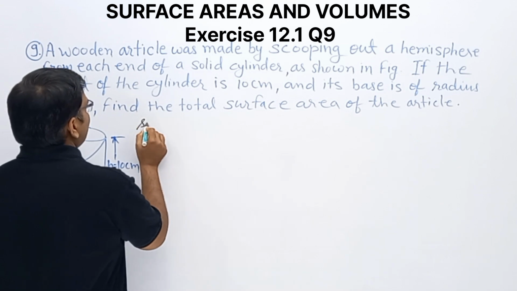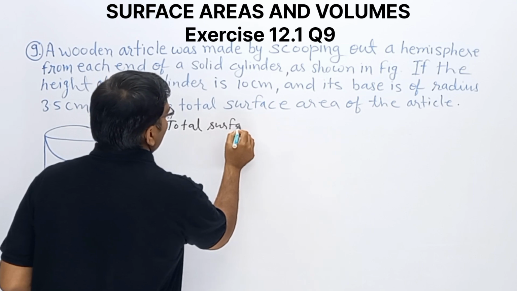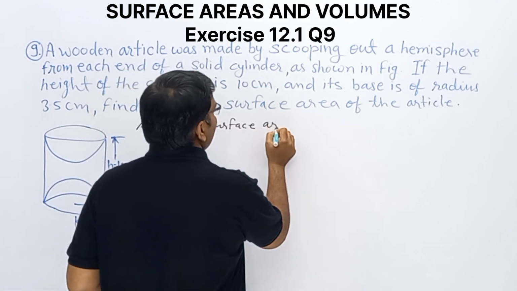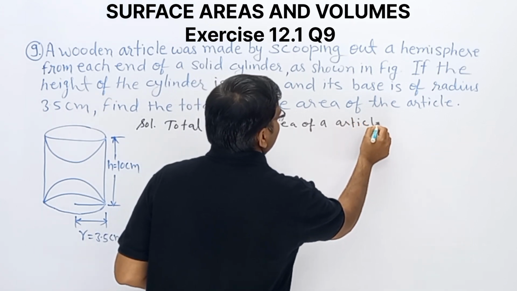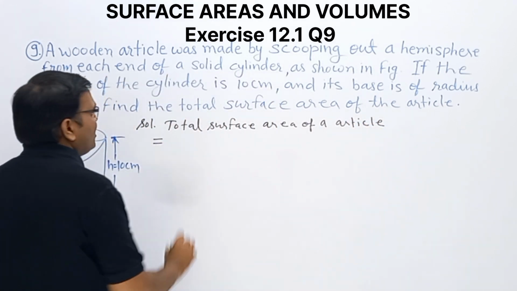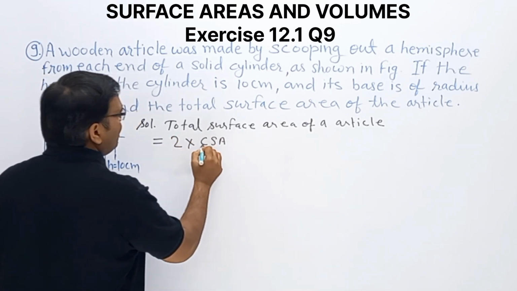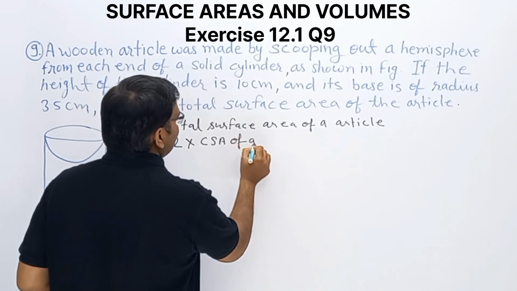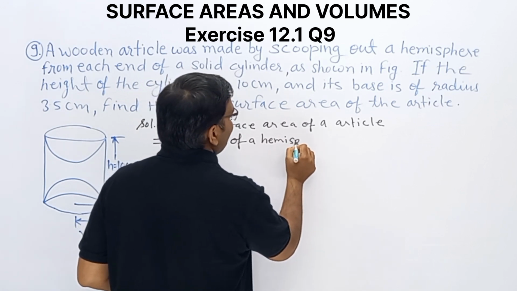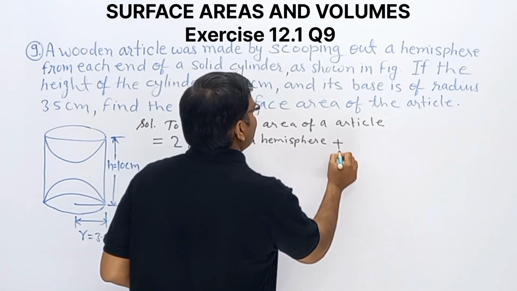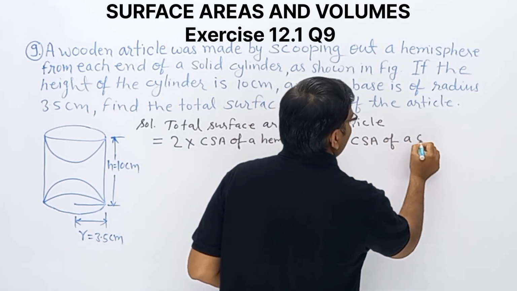So what about its solution? Total surface area of the article equals 2 times the curved surface area of a hemisphere plus the curved surface area of a cylinder.